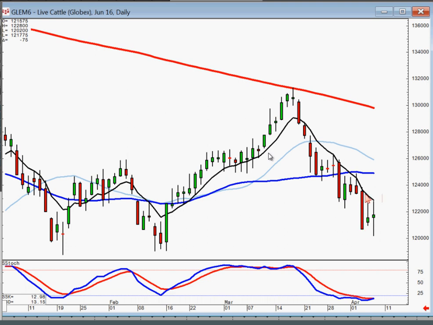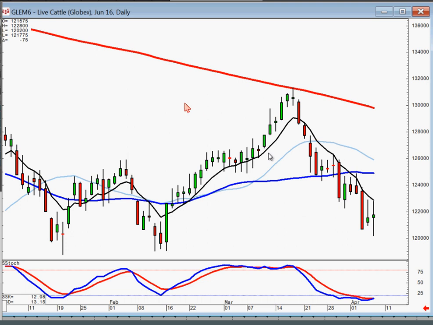The margin required to be in one contract of cattle is, I think, about $1,320. The move on that day, down 30 cents, was a $1,200 move. So your $1,300 worth of leverage produced a $1,200 profit.